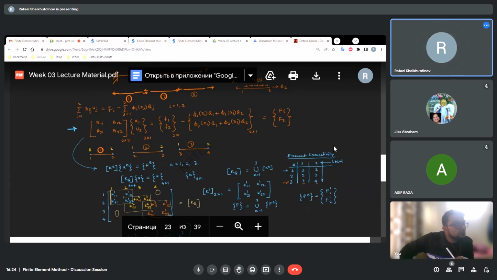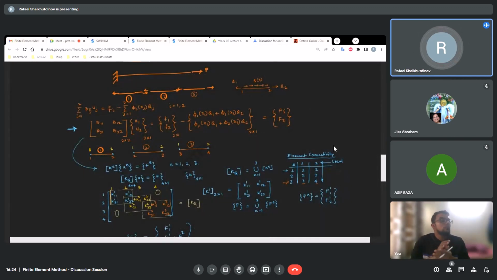I wanted to ask how to work with Q1 and Q2 here, because I repeat the derivation of the elemental equation, and I cannot come up with this part. So I don't understand what's going on here in this bracket.